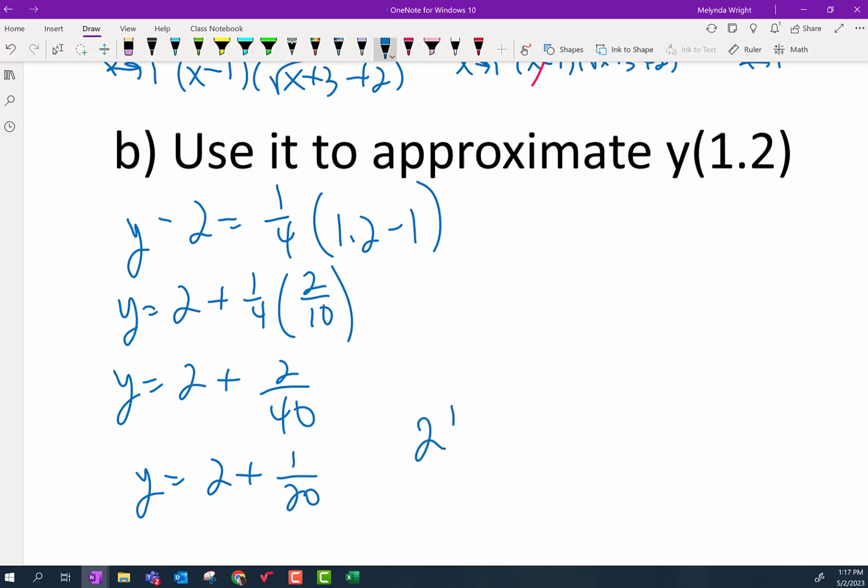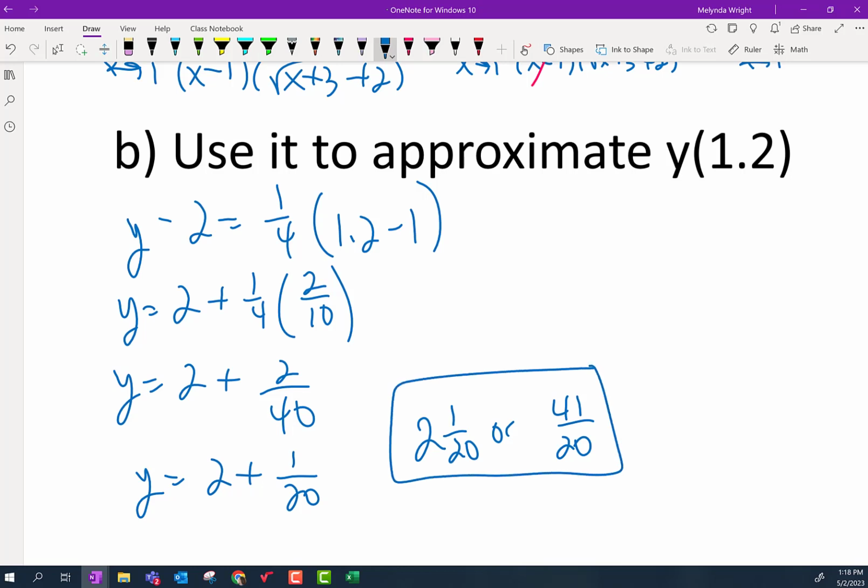So I could say 2 and 1/20, or I can make it an improper fraction, which is normally what we would do in calculus, and that would be 41 over 20. Either of those is fine. So that's the approximate y value. That's what we calculated, the approximate y value at 1.2.